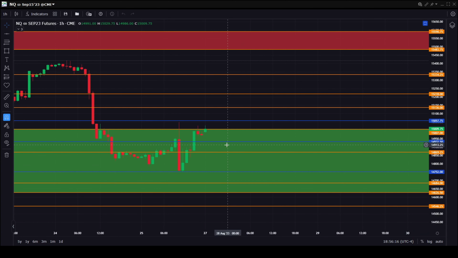And if we do create that higher high, the main rejection area will be this 15,136. But if we do break below here, I'm not too interested in a bounce at a previous bounce level, 14,752. My main target will be this 14,684 to watch how that one reacts.